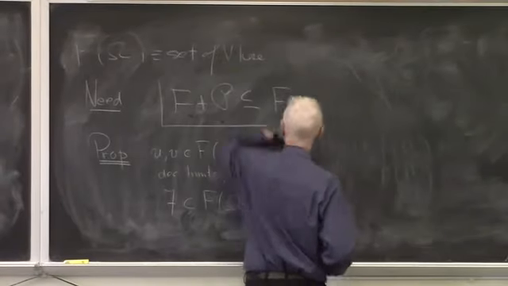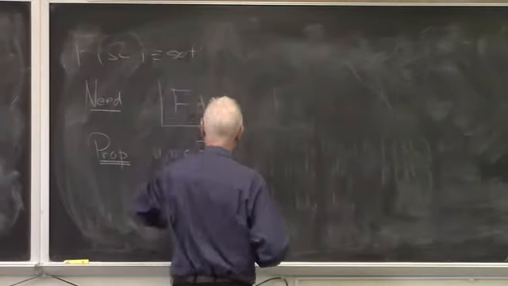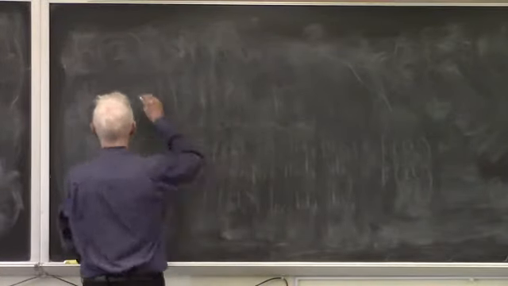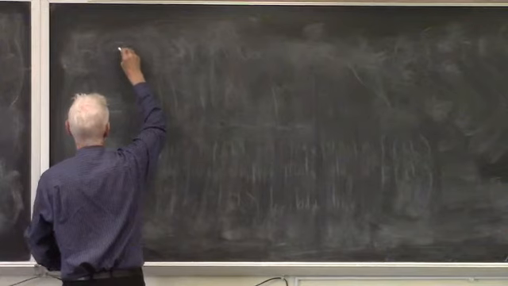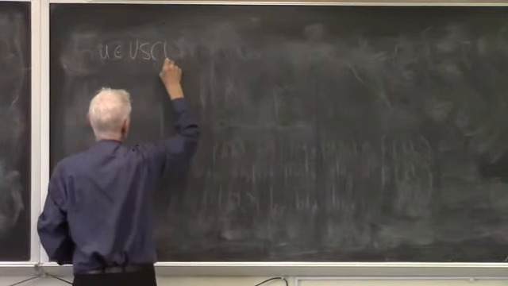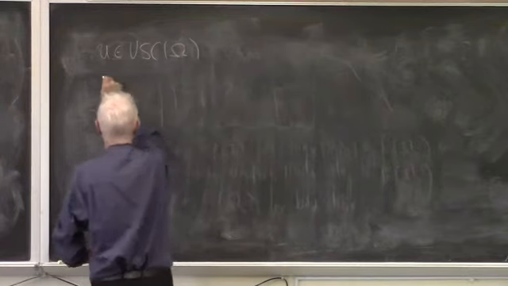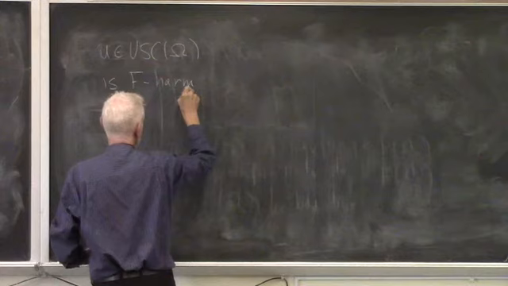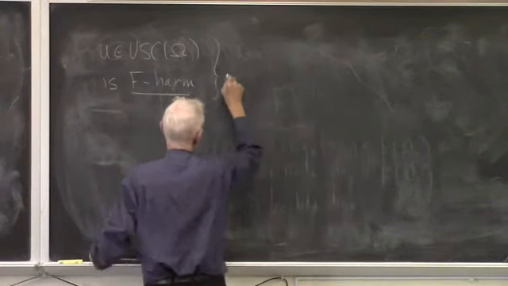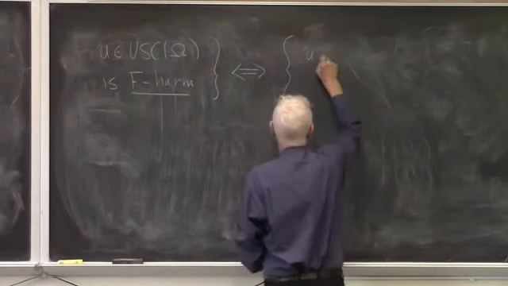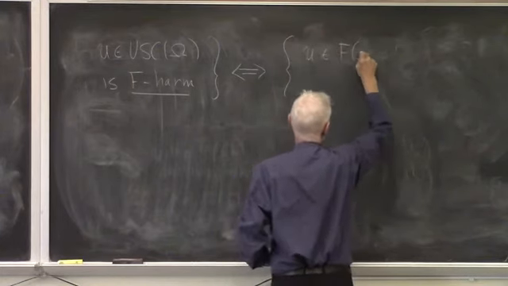Suppose I'm going to say that an upper semi-continuous function u on Omega is F-harmonic if and only if, first of all, I want u to be F-subharmonic.